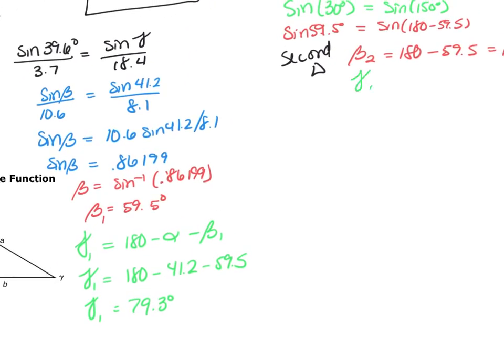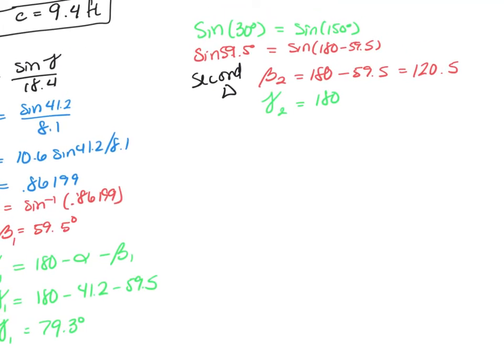My gamma sub 2 is going to be 180 minus my alpha, which was 41.2, minus my beta 2, which is 120.5. And I get my gamma sub 2 equal to 18.3 degrees.